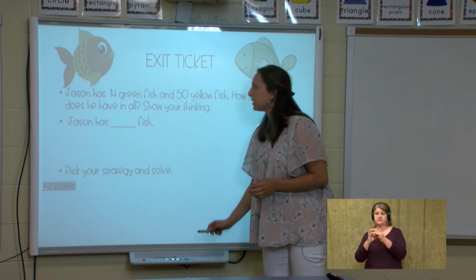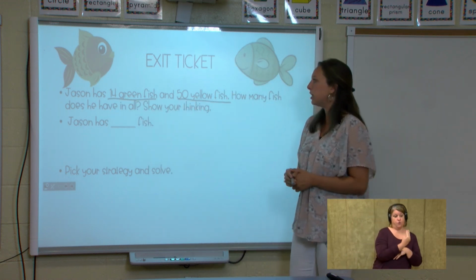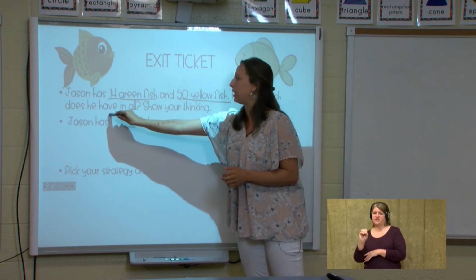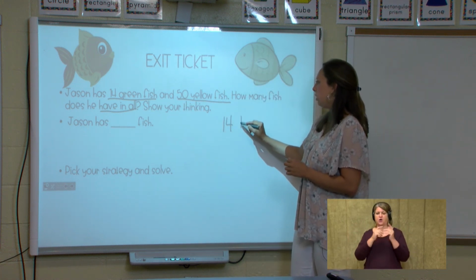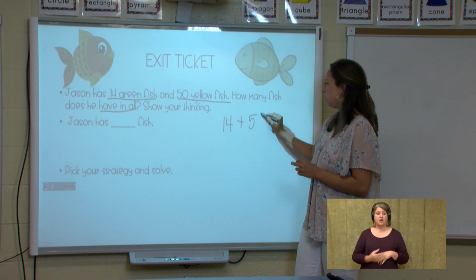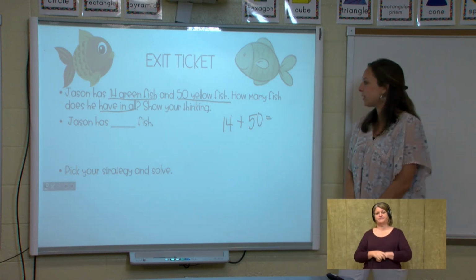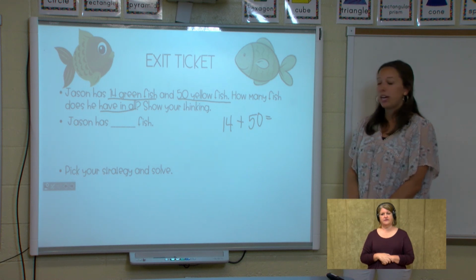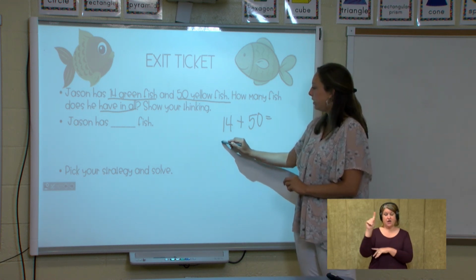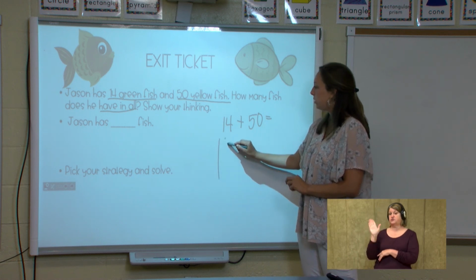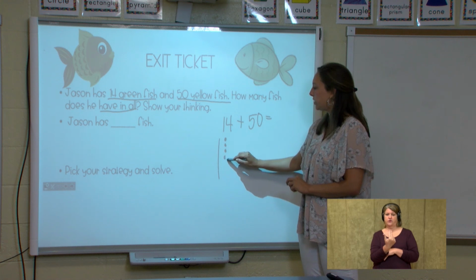I'll show you both ways. He has 14 green fish and 50 yellow fish. So how many does he have in all? So 14 plus the 50. If you pick to draw out your tens and ones, here's your strategy. 10, 11, 12, 13, 14.